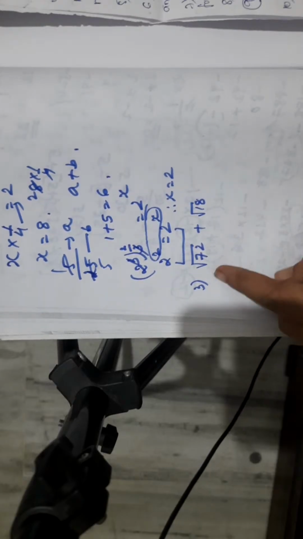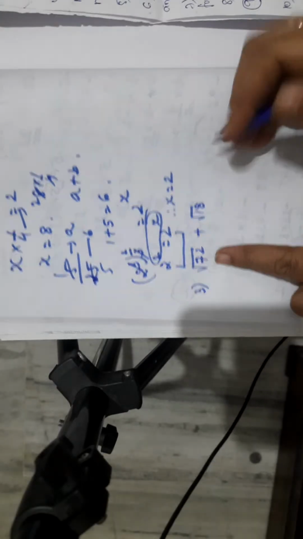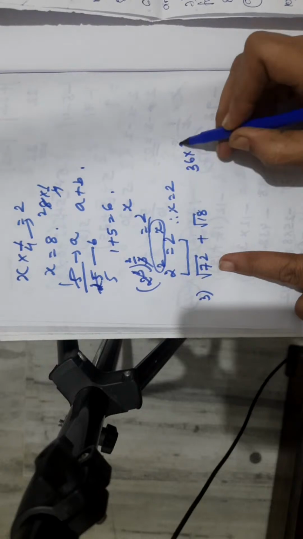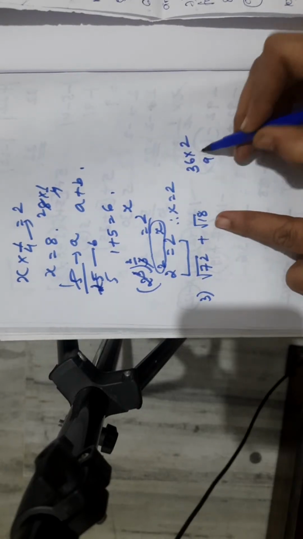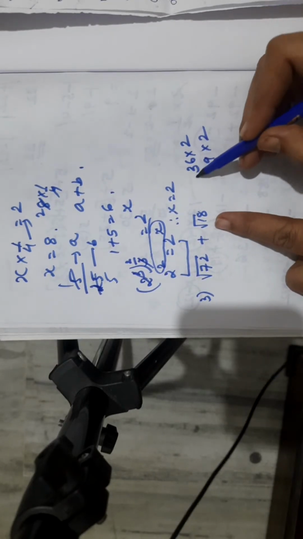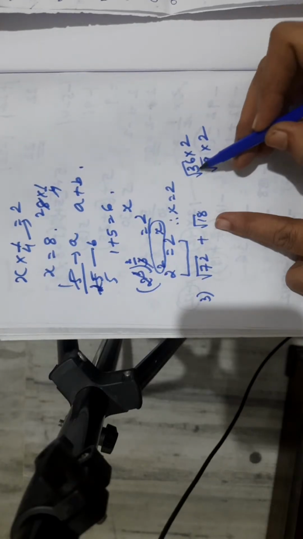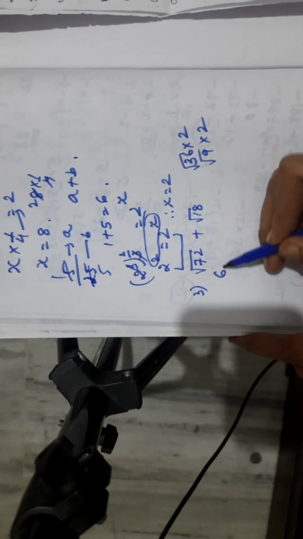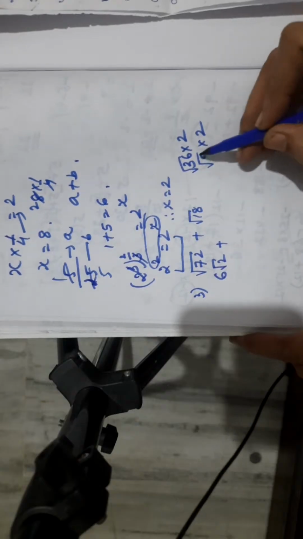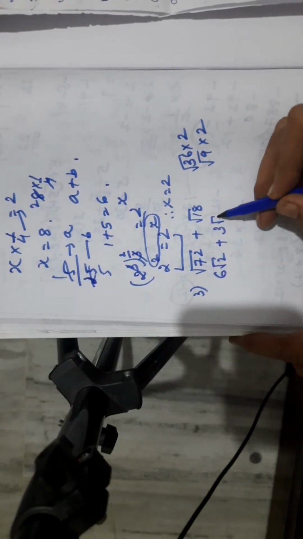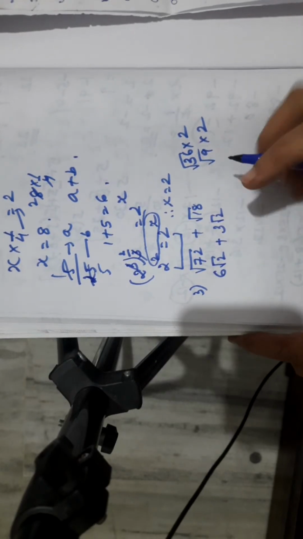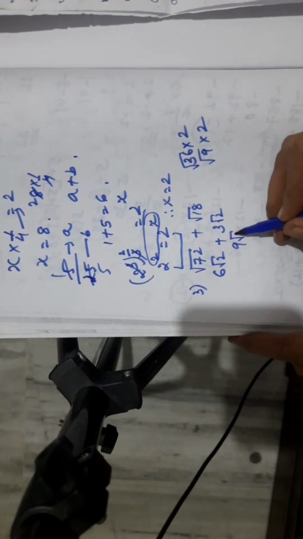For this, you need to find their prime factors. 72 is 36 twos, 18 is 9 twos. You can remove them out of the root. So root 36 is 6, giving 6 root 2, and root 9 is 3, giving 3 root 2. So 6 plus 3 is 9. The answer is 9 root 2.